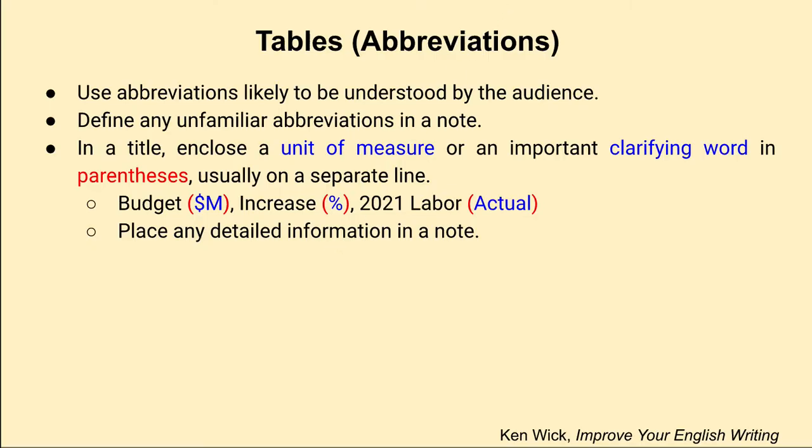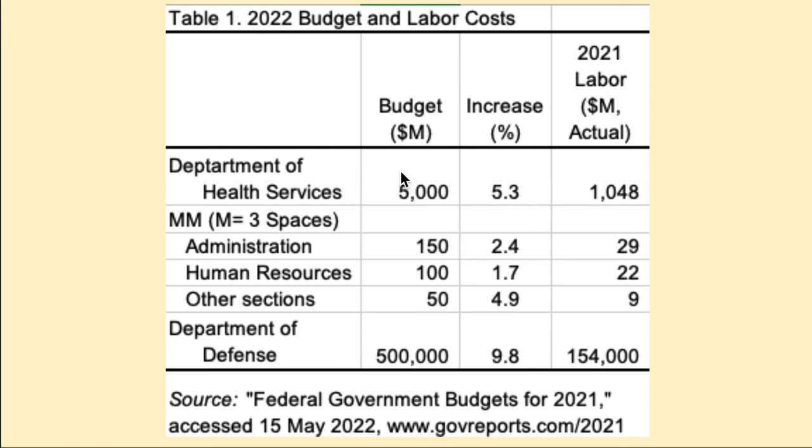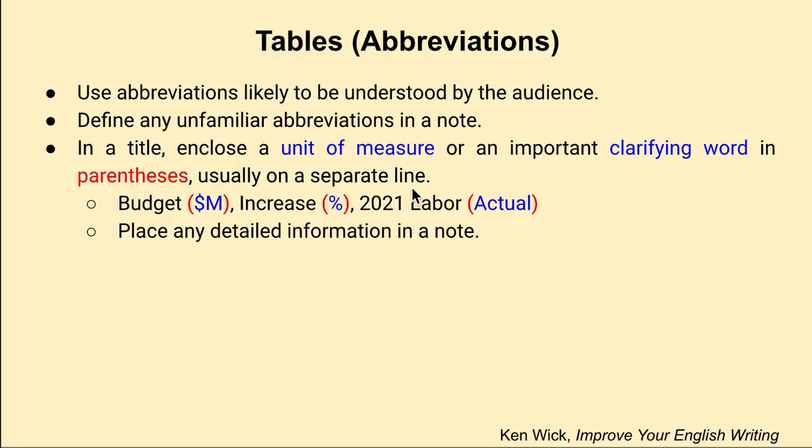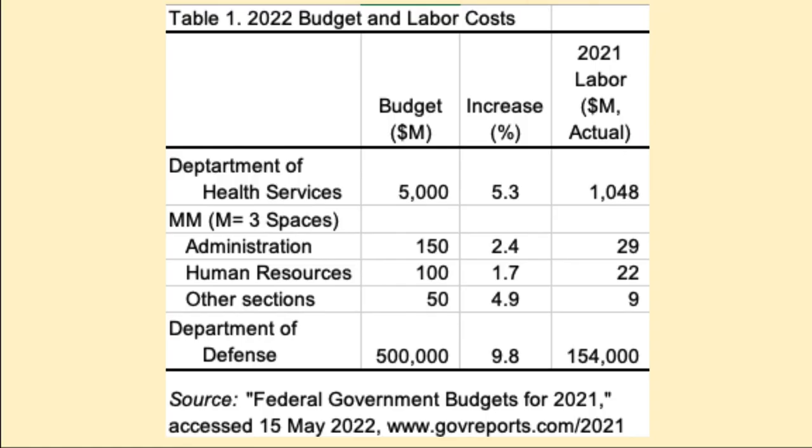So let's get to the example. Here's how you did that. So remember, if I come back to here, the budget, the increase in percentage in the 2021 actual. So I actually made this. So here I'm saying budget. And then normally the unit of measure in parentheses typically occurs on a separate line.